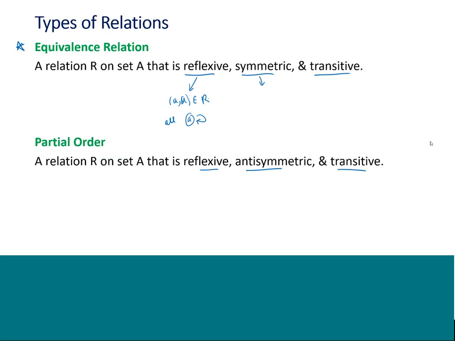Symmetric says if, and notice that's a big if right there, if you have some ordered pair A, comma, B in your relation where A and B are not the same element, then automatically you have to have the reverse. In other words, B, comma, A. Notice, though, nobody specifies that A and B are different, because if A and B are the same, all that says is you've got a loop.